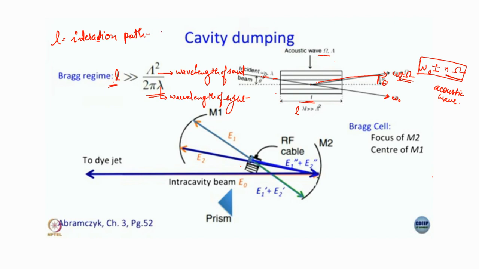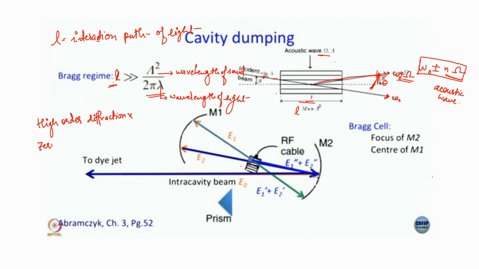And the second thing is, because of this diffraction, this medium works as a diffraction grating, and deflection occurs at some angle theta, but because of the longer interaction path length, you do not get high order diffraction.